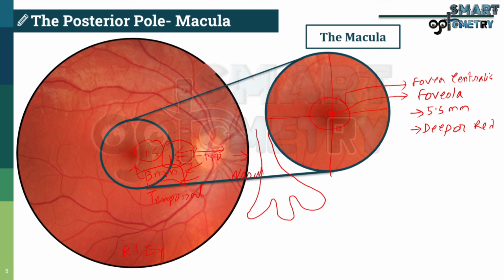Now including the foveola, there is an area of 0.8 mm where there is no blood vessels or capillaries, which is called foveal avascular zone.